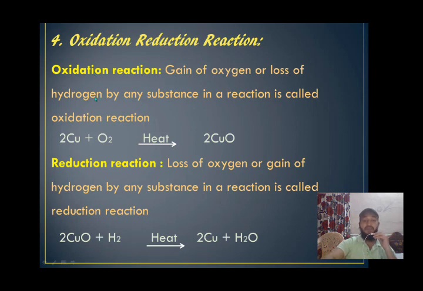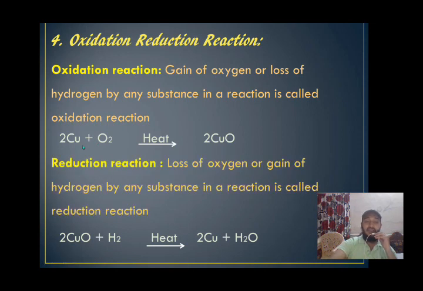For example, Cu reacts with oxygen on heating and copper oxide is formed. In this reaction you can see that oxygen is added to copper and forms copper oxide. So this reaction is an example of oxidation due to the addition of oxygen to copper.